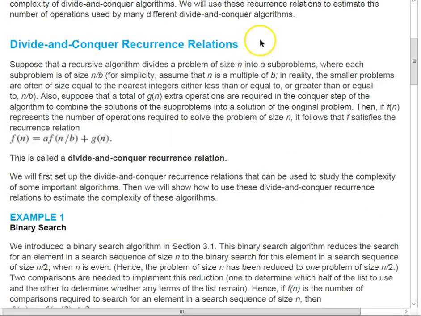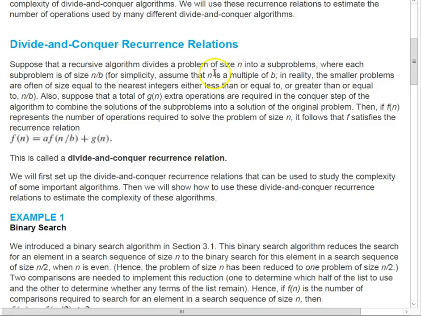Divide and conquer recurrence relations. Suppose that a recursive algorithm divides a problem of size n into a subproblems, where each subproblem is of size n divided by b. For simplicity, assume that n is a multiple of b.